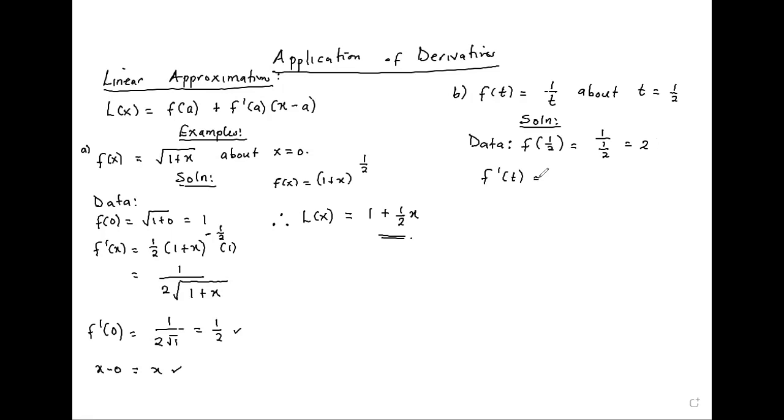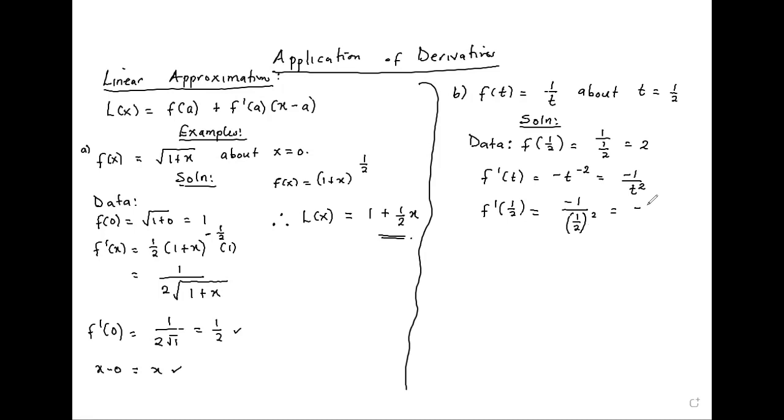So you know you could write this as t to the power -1, so that when differentiating, you say negative t to the -2, which is -1 over t squared. So f prime of half is going to be -1 over half squared, which is -1 over 1 over 4, which is -4.